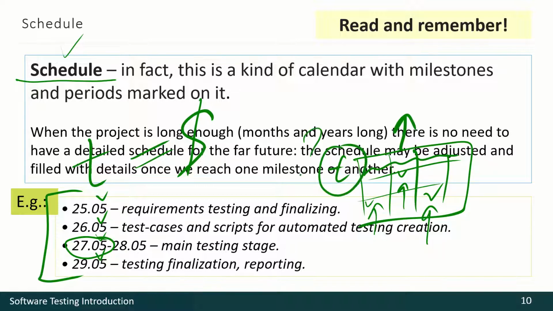If this time is unknown for some reason, someone may be too late, someone may be too early, that's not good. But schedule gives us understanding. And of course, customer also looks into the schedule because he wants to know when he can get some results from us, some build to put to production, some tool to use, something useful he pays for.